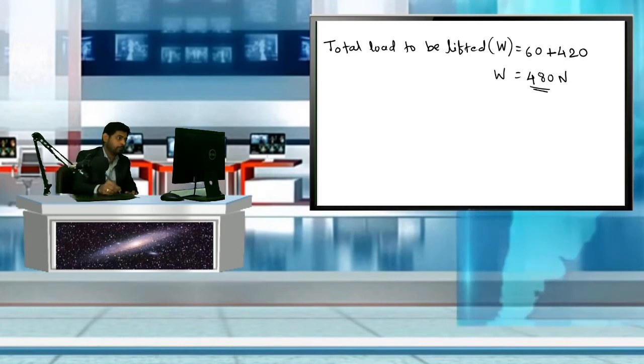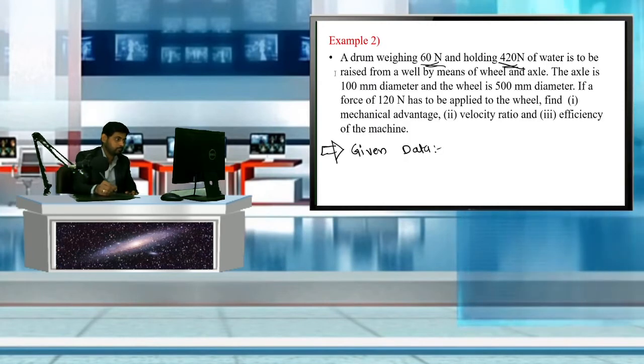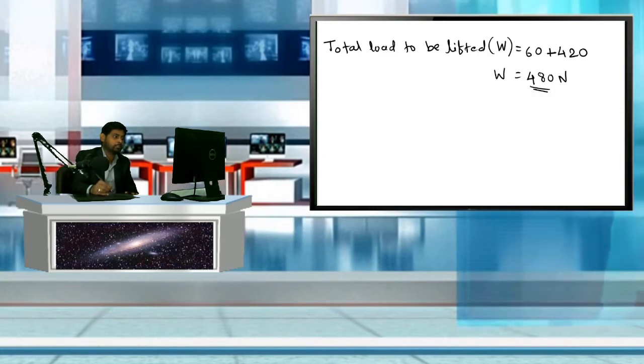Now, what did the problem say to us? Remaining given data: the axle is 100 mm diameter and the wheel is 500 mm diameter. So the diameter of axle and diameter of wheel are given.